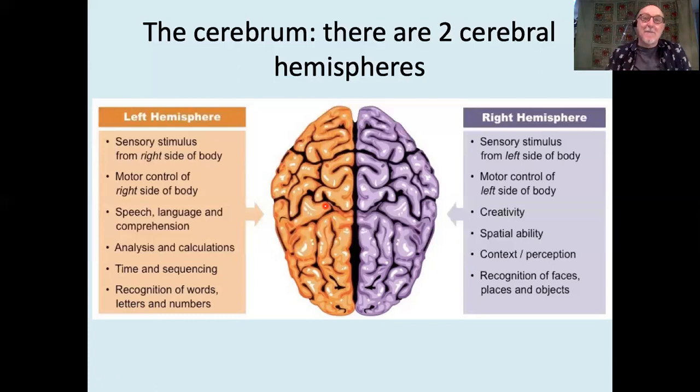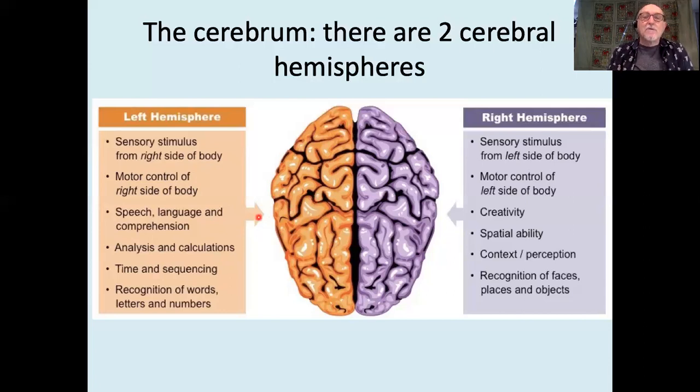So if there's damage to the left hemisphere, for example, a stroke or some brain impairment, it will make its effect on the opposite side of the body. The left receives sensory information from the right, and the right receives sensory information from the left.